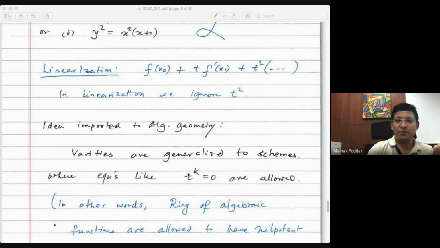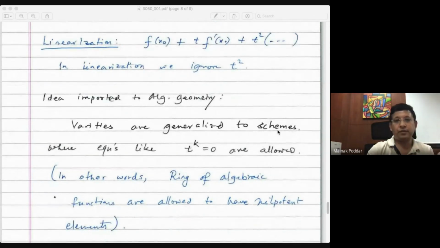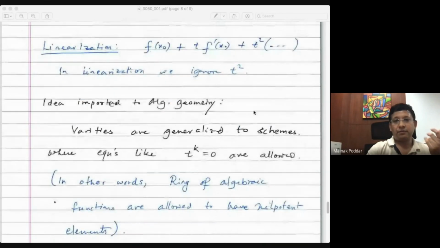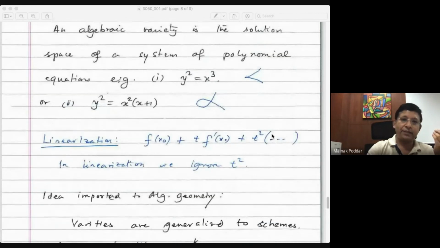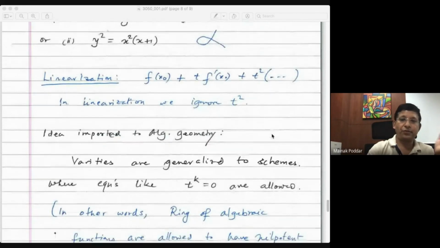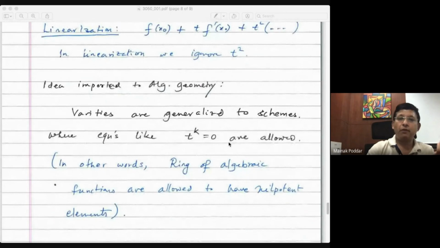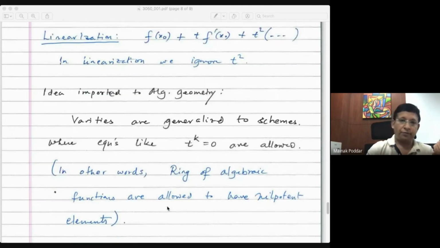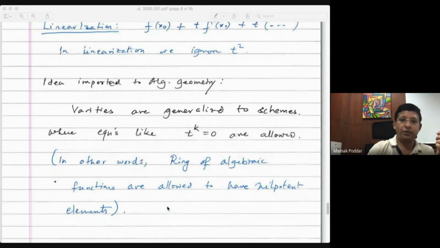But in the theory of schemes, which is a generalization of the theory of varieties, you don't look at only prime ideals. The algebras that you consider for varieties wouldn't have any nilpotent functions, but for schemes, you allow nilpotent functions. And one of the reasons is to be able to do things like linearization and so on, to import the methods from differential geometry.